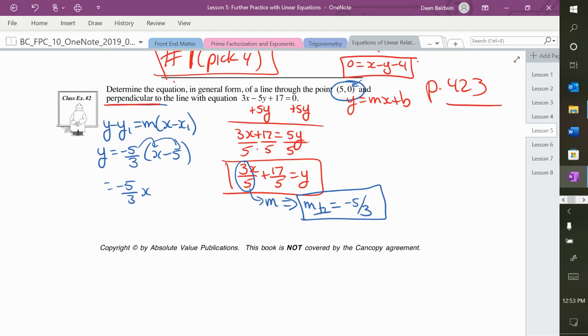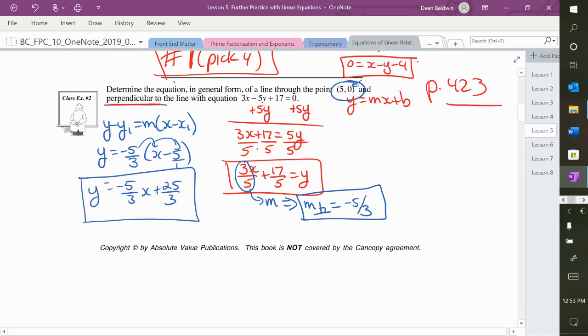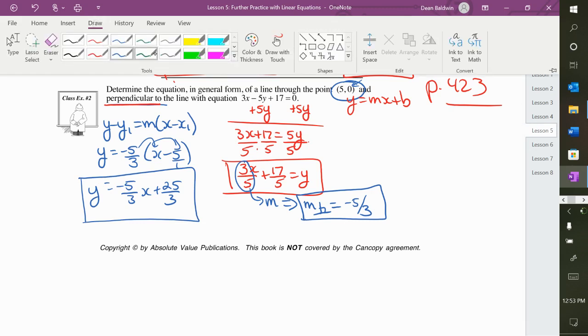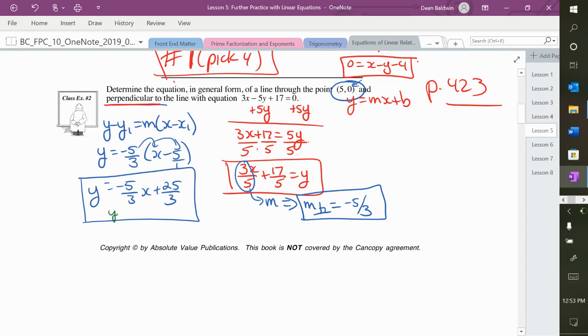Top times top, bottom times bottom. And so you pretend the 5 is over 1. So I get positive 25 over 3. Y equals. Now, yeah. So this is mx plus b form. Correct? Is that right? Okay.